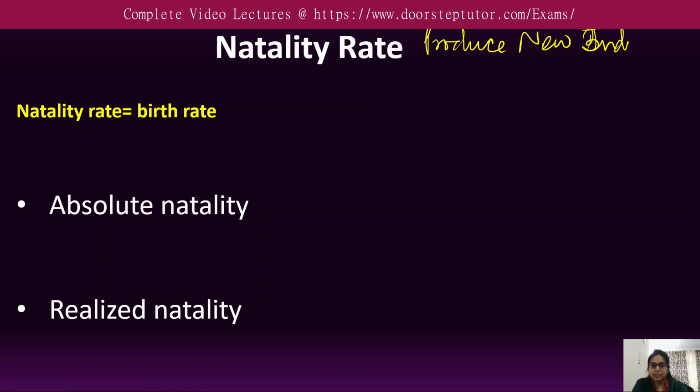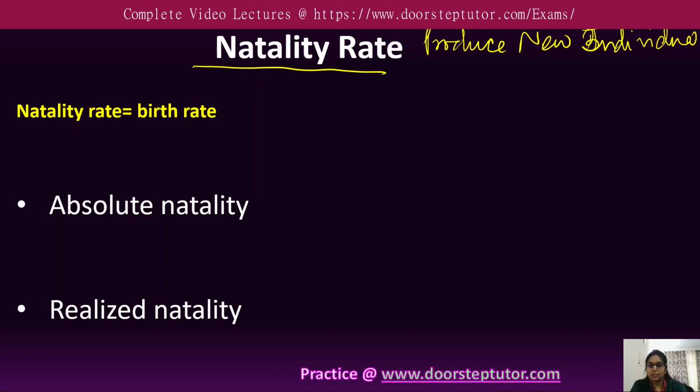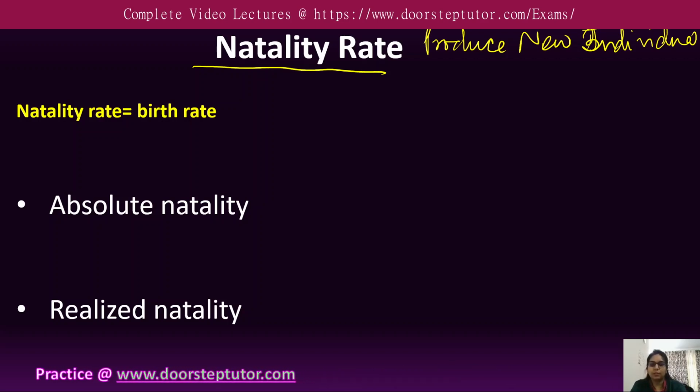That is referred to as the natality rate, and natality rate is also equal to the birth rate. It represents the number of births in the population during a given period of time, often expressed as the number of individuals produced per unit time.